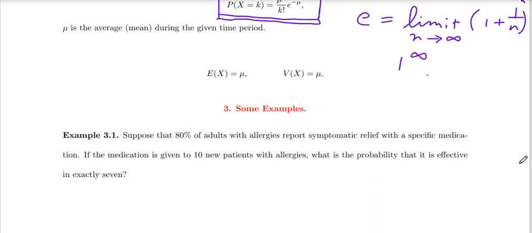So we can have some examples. For those examples, the most important thing is to determine what the distribution is, binomial distribution or Poisson distribution.